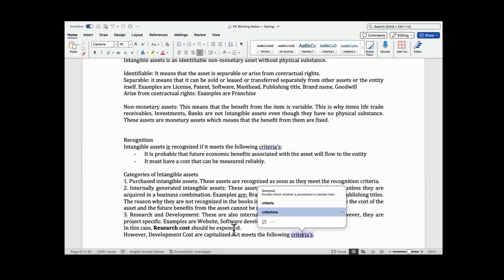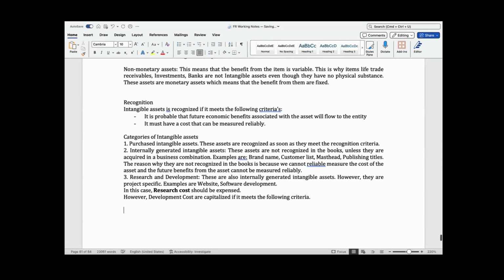So that you can easily cram it for exam, I'll break it down into PRIRACE, right? The first one is probable inflow of economic benefits. So if it is probable that the asset can now generate money, then fine.